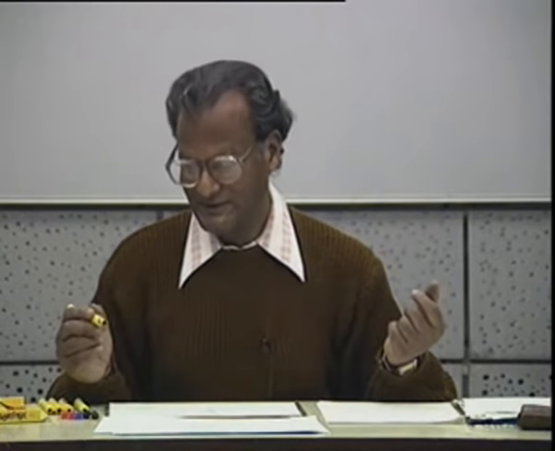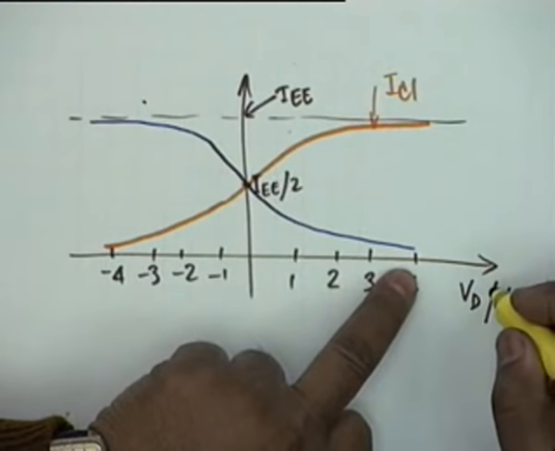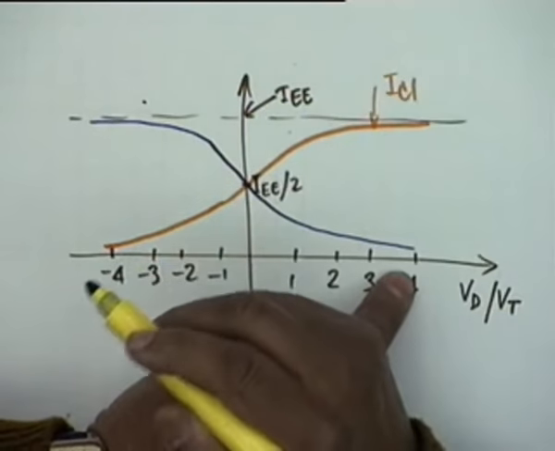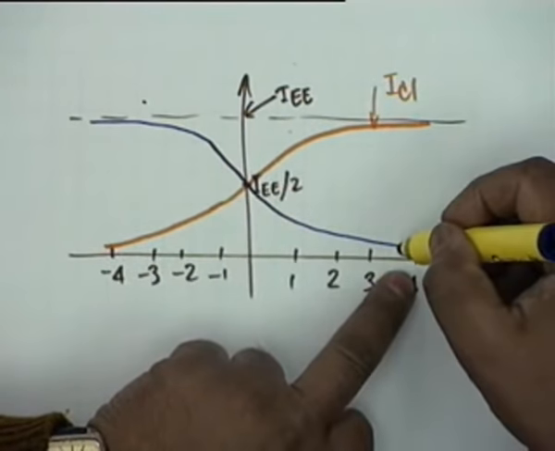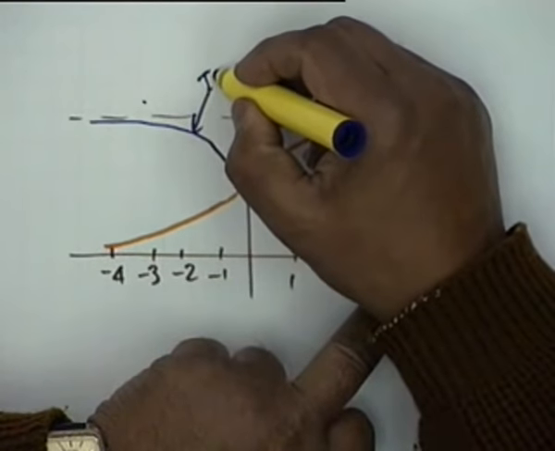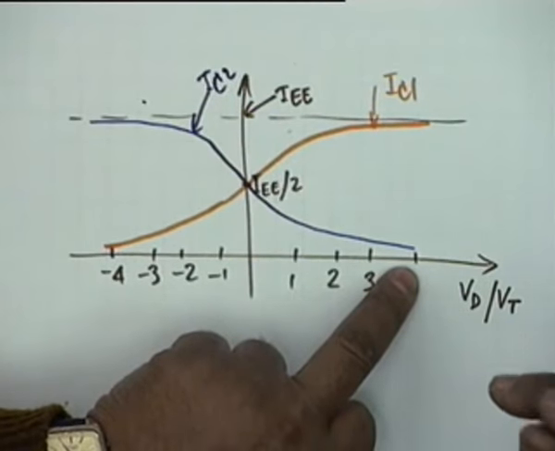You notice that if Vd by Vt exceeds 4, IC1 is approximately equal to IEE, and IC2, I must label this, is IC2, approximately 0. What does this mean?